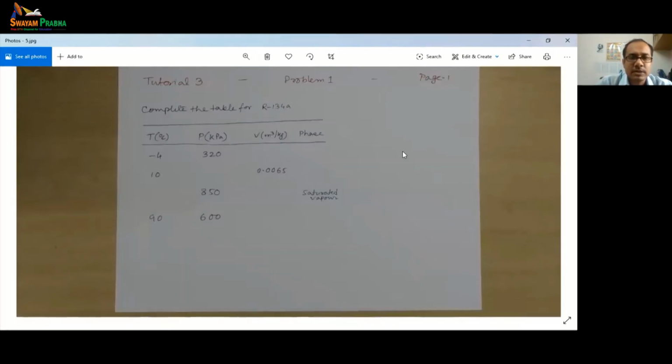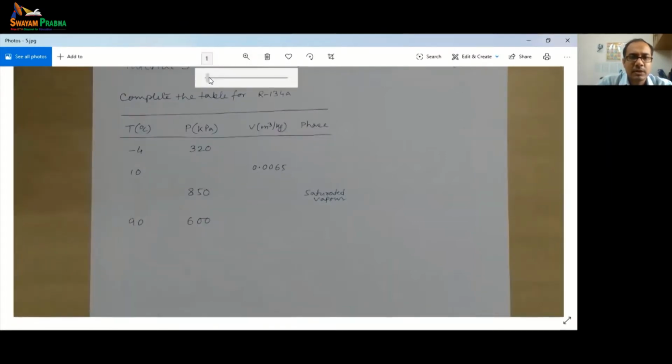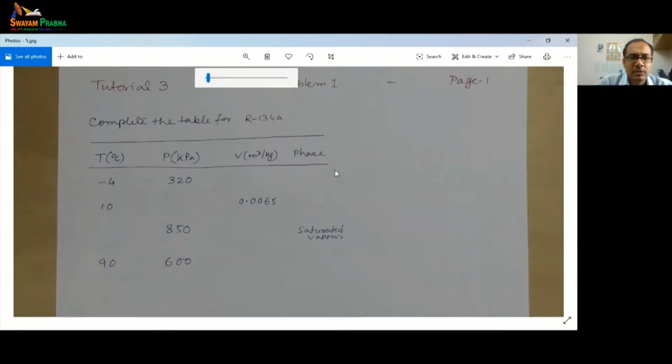This is a very simple problem. You have to complete this table as you see here. Let me zoom in a little bit. As you see, you have to complete the table for refrigerant 134a, where you have 4 columns: temperature, pressure, specific volume, and the 4th column is what phase it is.